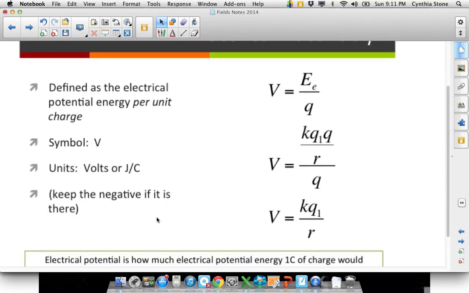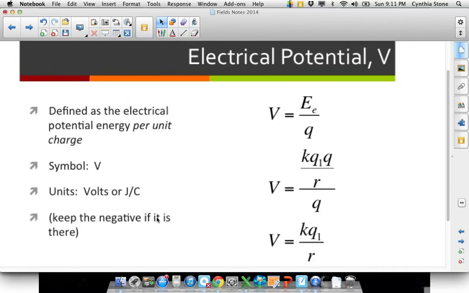There's another term that we don't have a gravity equivalent to, and that's electric potential. And V, volts, you've seen this term lots of times. We just say it's potential energy per unit charge, and it's a pretty useful term, you'll see. We give it the symbol V, and we also have units V, but sometimes we call it joules per coulomb, because it's joules of energy per unit charge.